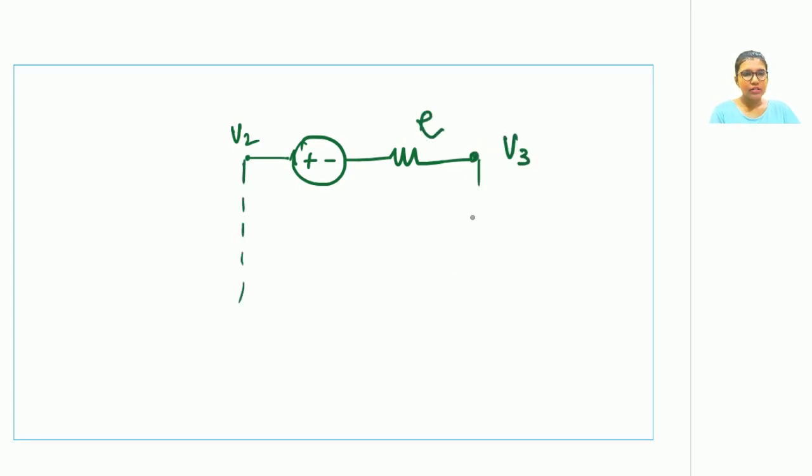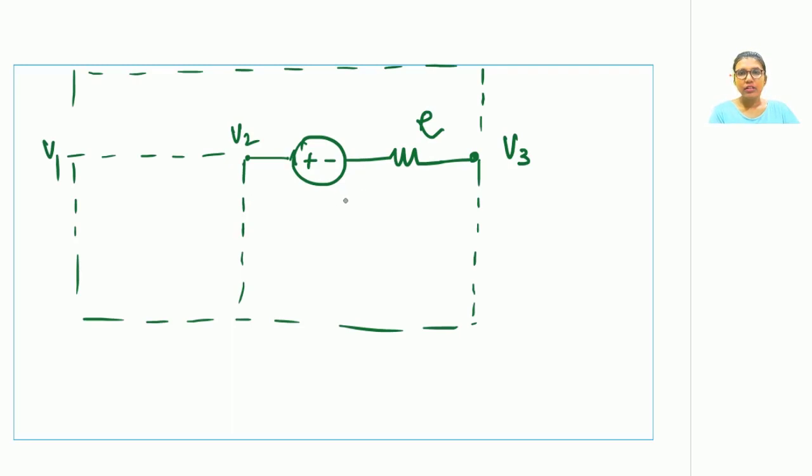Suppose there is a condition where V2, which is a non-reference node, is connected to a voltage source that has a resistor in series, and finally it is connected to V3. And let us assume the remaining circuit to remain the same. In that scenario, V2 and V3 are certainly non-reference nodes. However, there is not a voltage source only in between these 2 non-reference nodes.